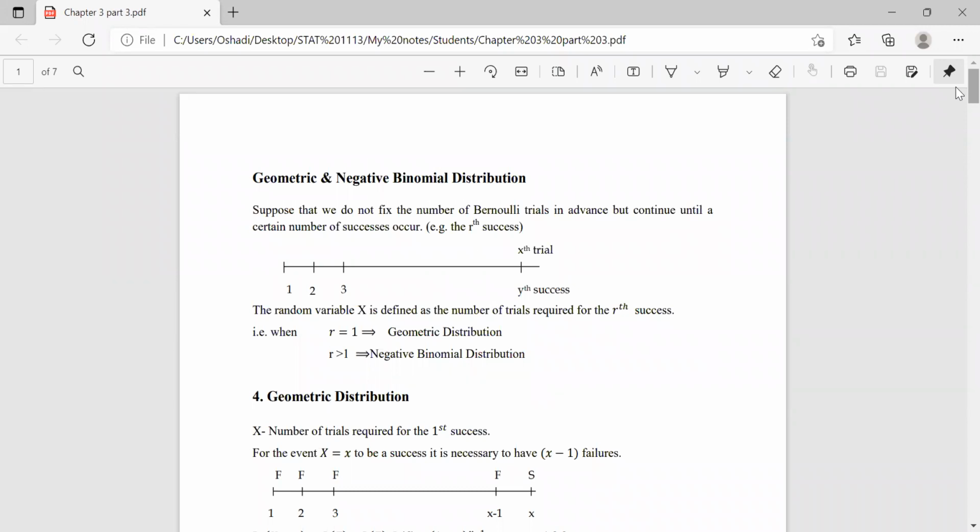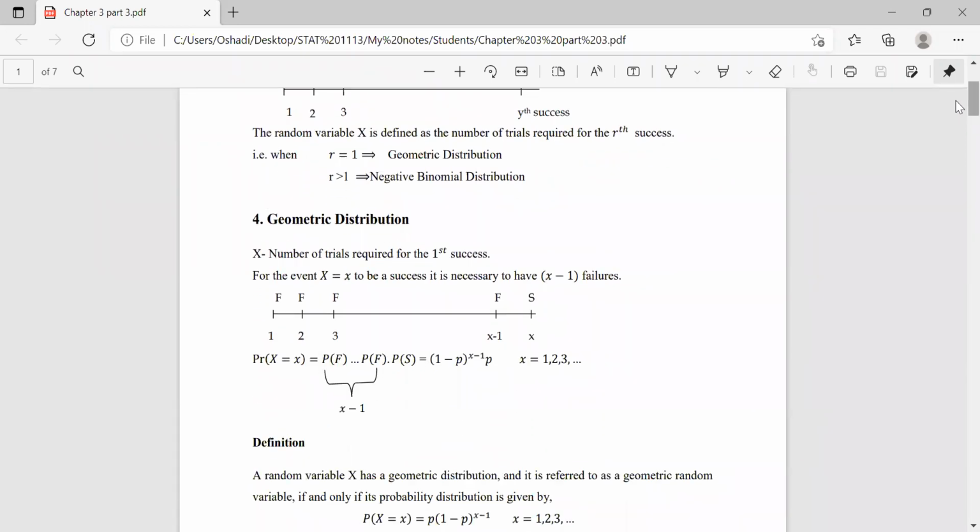We continue the Bernoulli trials until the first success occurs, right? Until the first success is related to geometric. The rth success, where r is greater than 1, is known as a negative binomial distribution. So we were discussing the geometric distribution.